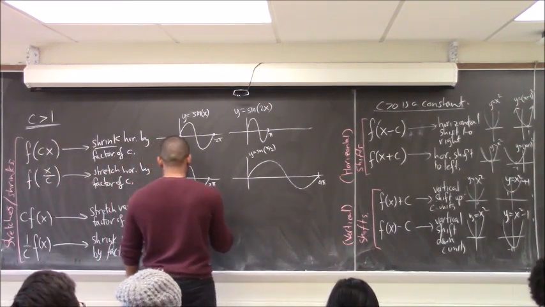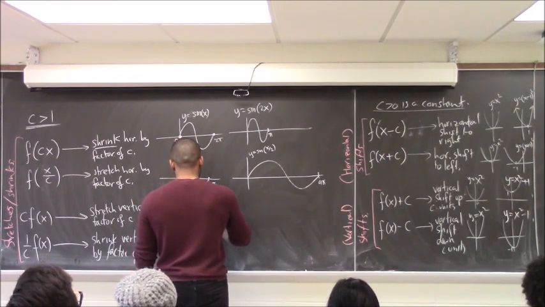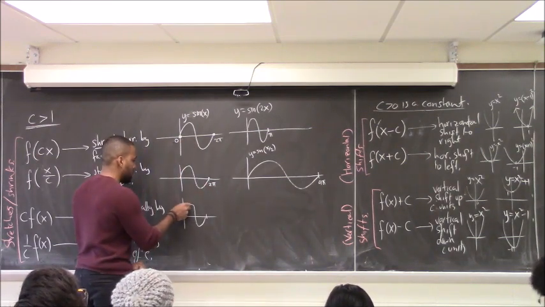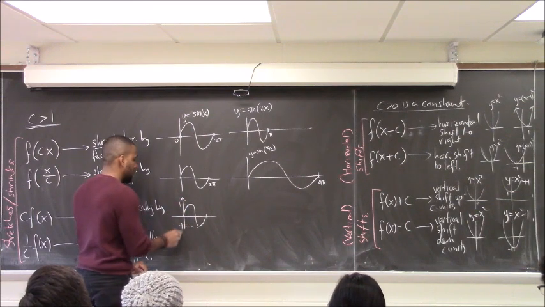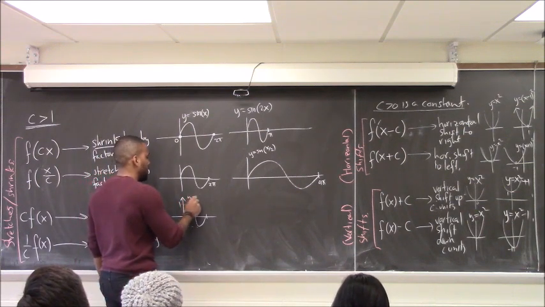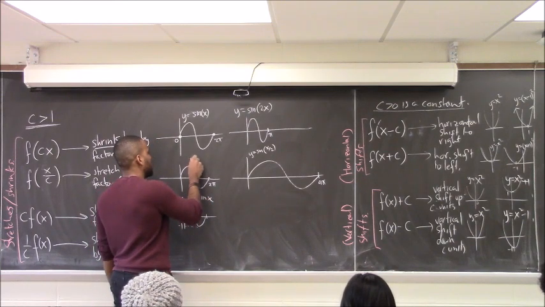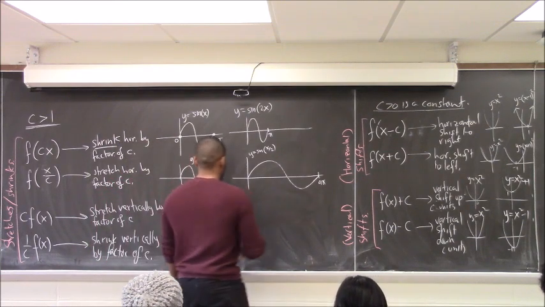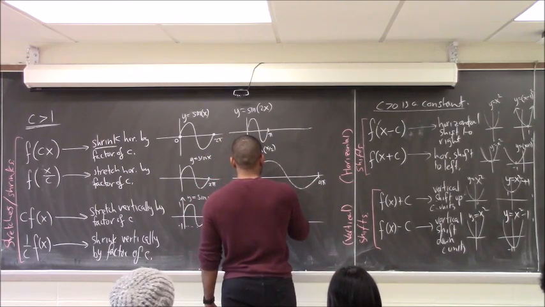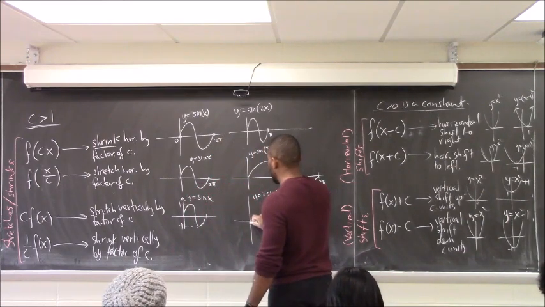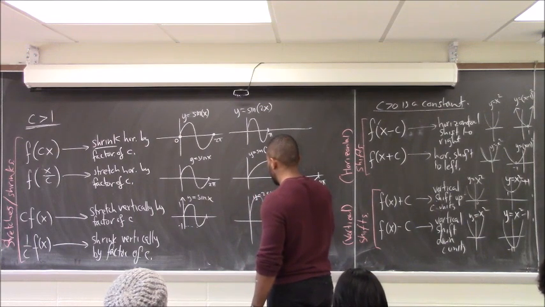Versus, look at the sine function here. What's the highest value of the sine function? 1. Lowest value is -1. So again, these are all y equals sine x. And now, if I have y equals 2 sine x, this will actually go higher.